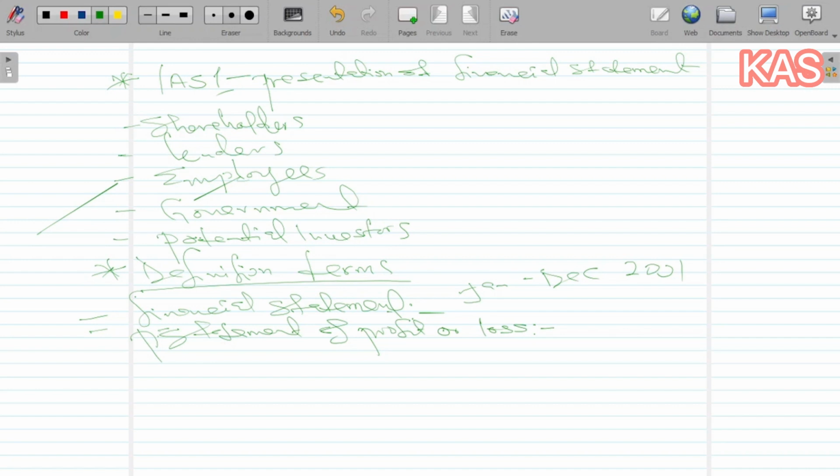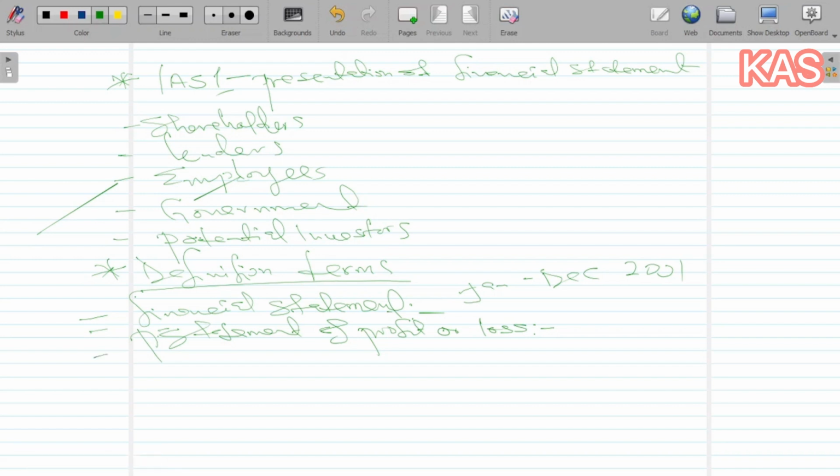So what this means is that this statement is what will tell the investors, the users of the financial information, that this business earned so and so profit within this period, or incurred this loss within this period. So this is the meaning of a statement of profit or loss.